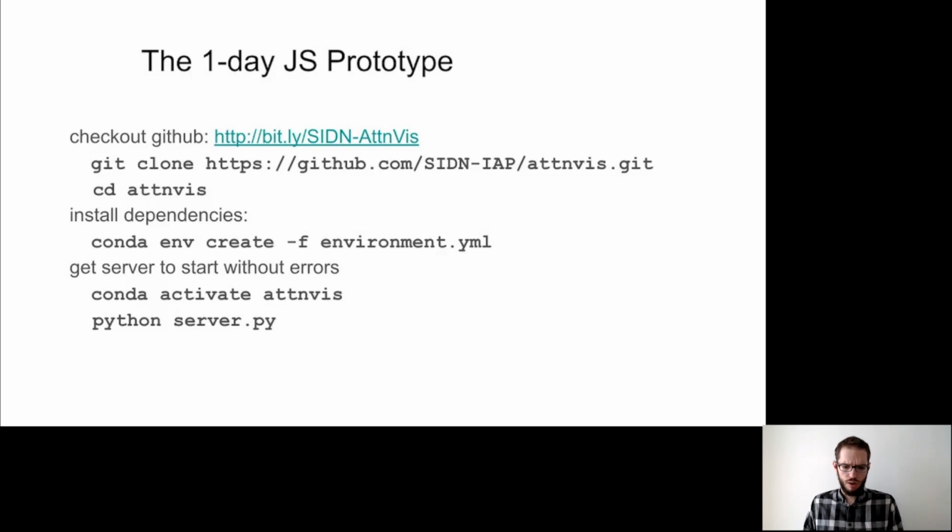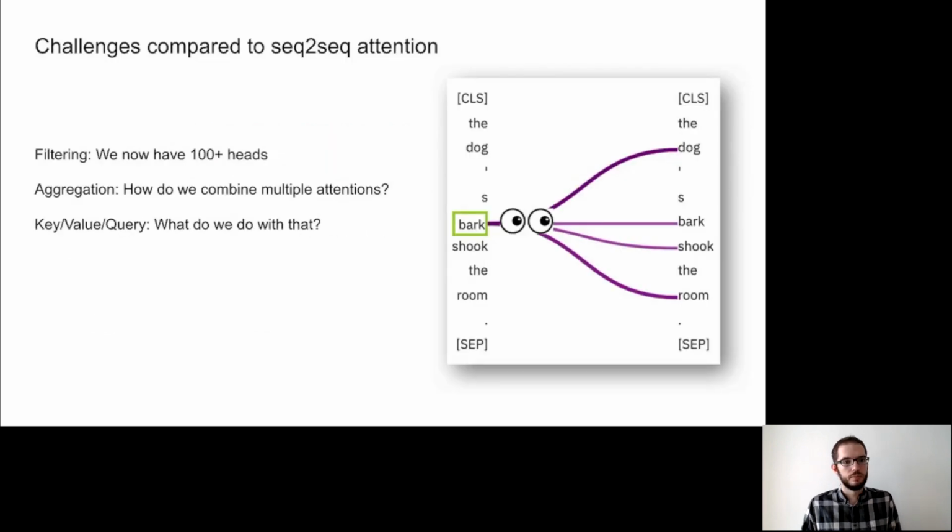If you want to follow along, you can go to the link on the slide and clone the repository, go into the AttentionViz subfolder, install the dependencies, and then simply start the server. This server will include all the code that I'm walking through now.